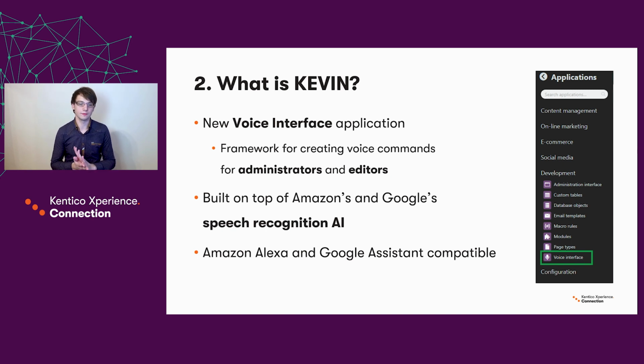Kevin is built on top of Amazon's and Google's artificial intelligence for speech recognition, which also means that Kevin is compatible with any device that has Amazon Alexa or Google Assistant. It means that you can have Kevin on your smartwatch, smart speaker, smartphone, or in your vehicle. On the right screen, we can see a new application that appears in the development category.